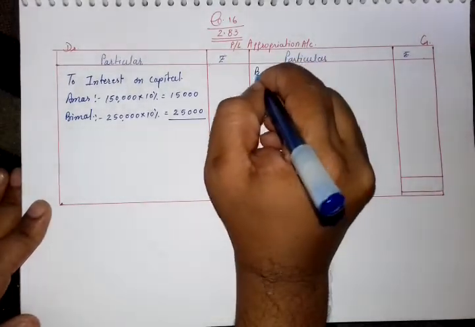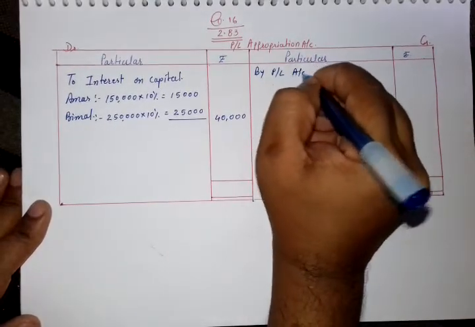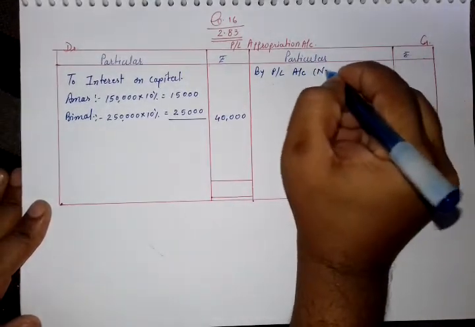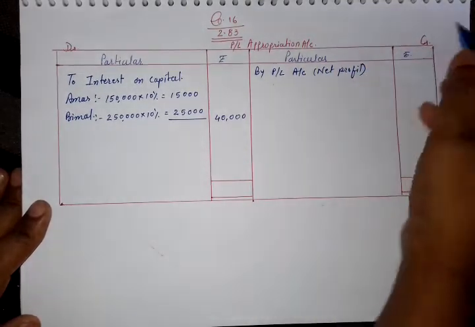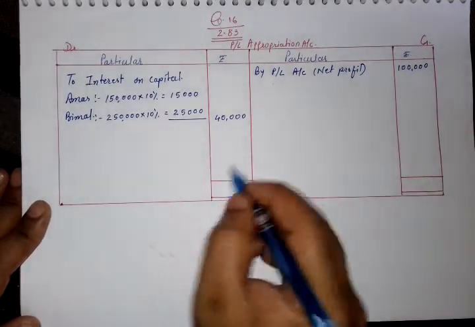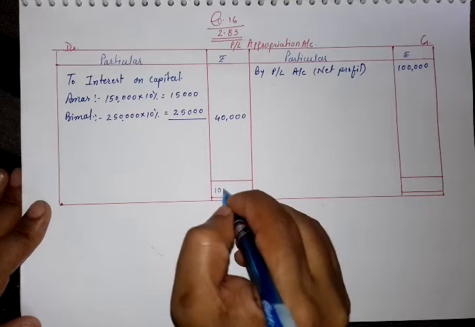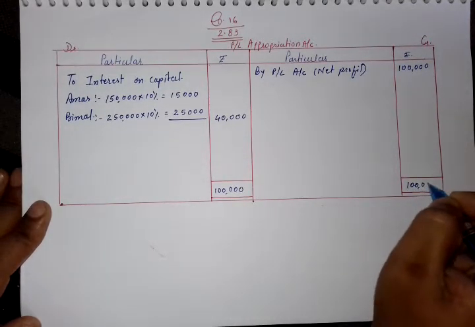And here, by P&L account, you have net profit. Net profit how much? 1 lakh rupees. It means both totals are 1 lakh rupees. 1 lakh, 1 lakh. What does it mean?